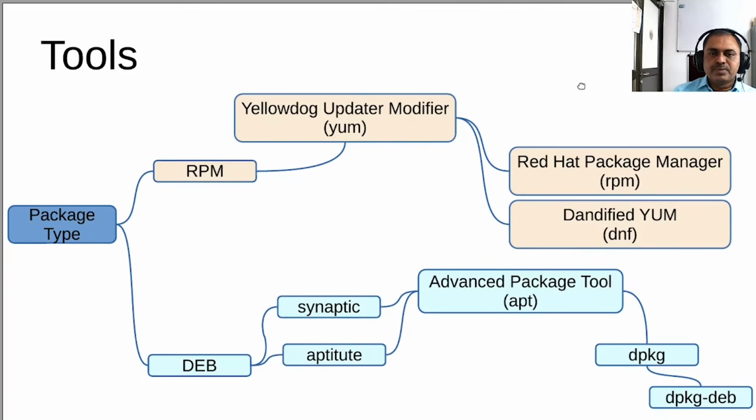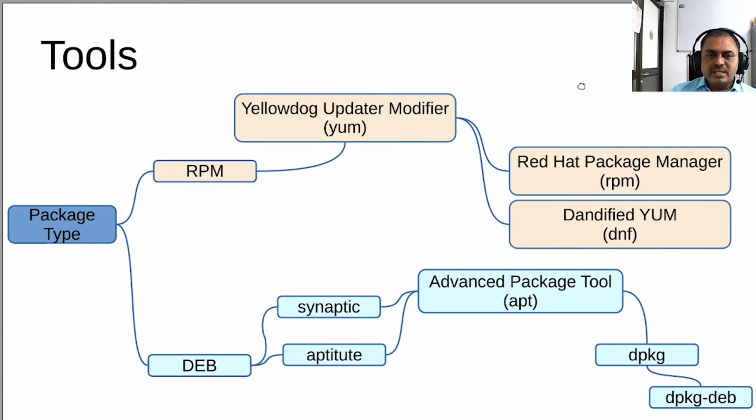So here are some package management systems that are widely used across both the RPM type of package as well as Debian type of package. The so-called yum software, which expands to Yellowdog Updater Modified, is popularly used to manage the RPM packages. On Red Hat you would have rpm as the application which helps you manage the packages, and the yum package management system would call rpm to install, update or remove the RPM packages.